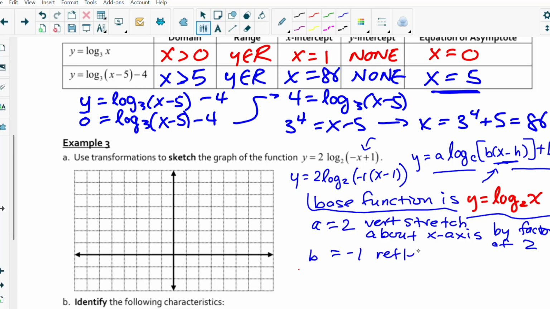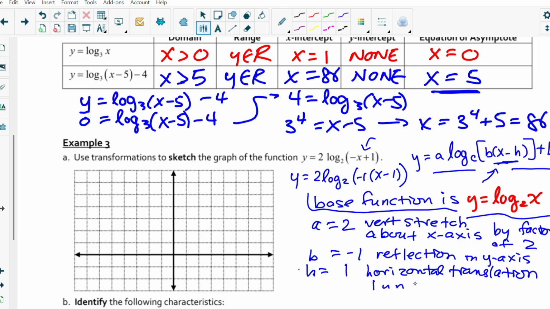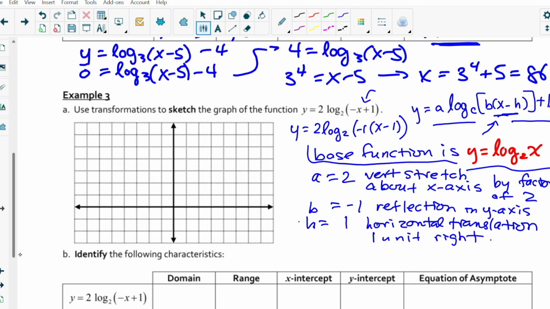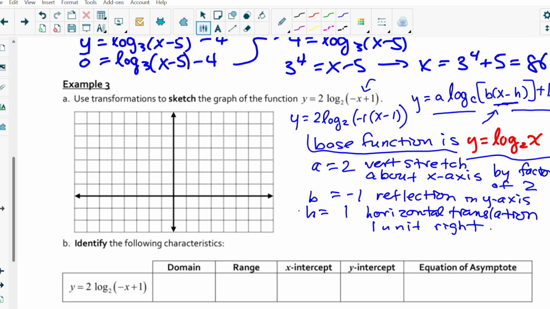This is a reflection in the y-axis. x minus 1, so h equals positive 1. This is a horizontal translation 1 unit to the right.